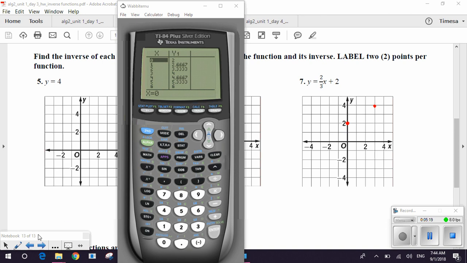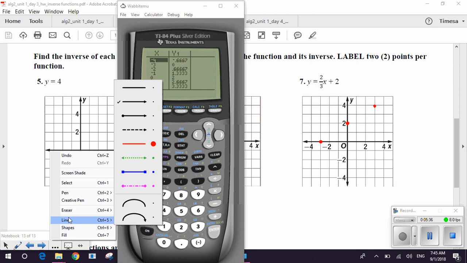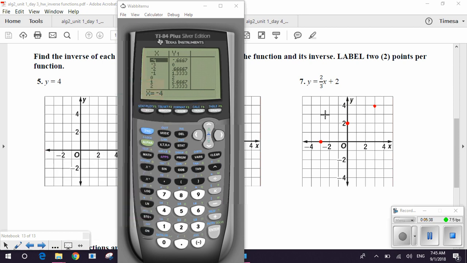If I go to the negatives, there's a negative 3, 0. That's another good point right there. Now that I have 3 solid points, draw a straight line with a ruler, folks, through these points.